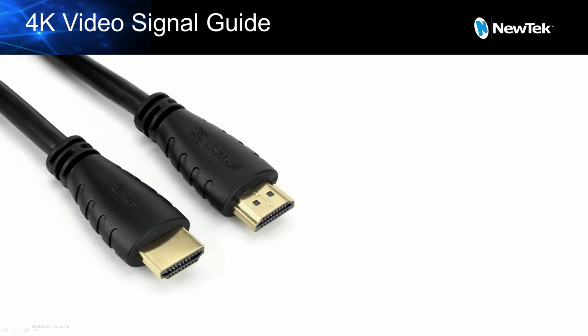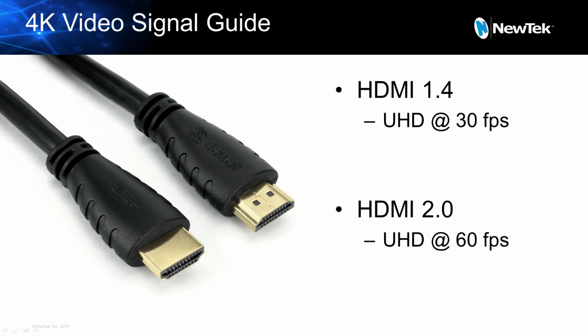But when it comes to HDMI, there are two major HDMI flavors for doing 4K. The first is HDMI 1.4, which handles up to 30 frame rates, and HDMI 2.0, which handles up to 60 frame rates. Unfortunately, these two cable types are pretty much impossible to tell apart from each other. There's no designating thing you can look for and say, hey, this is an HDMI 2.0 cable.